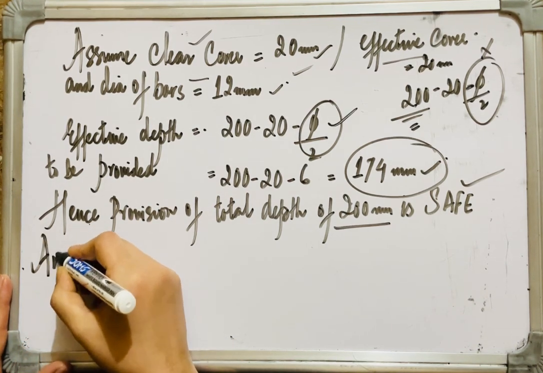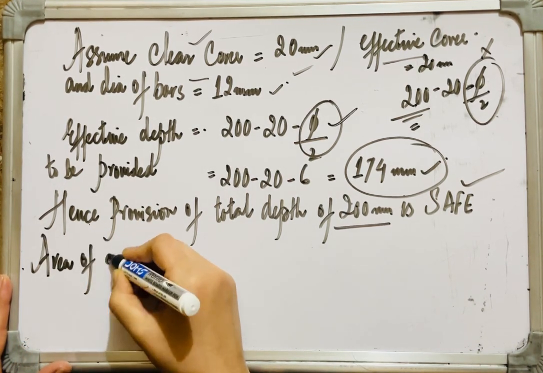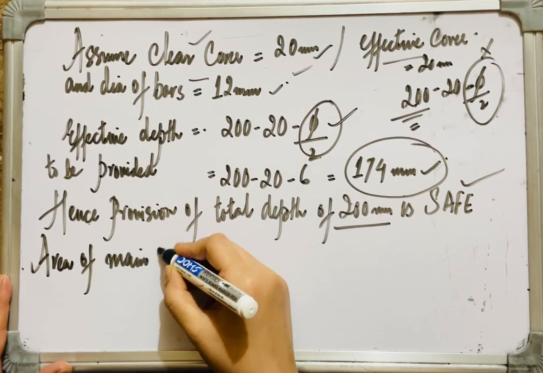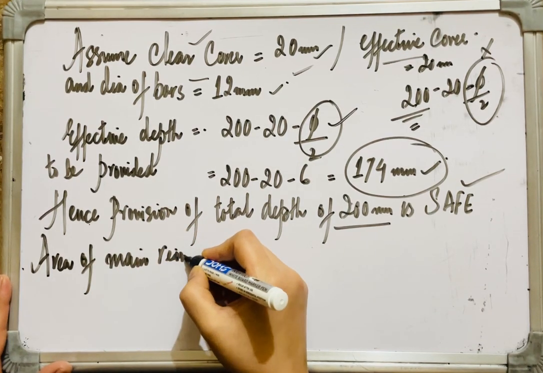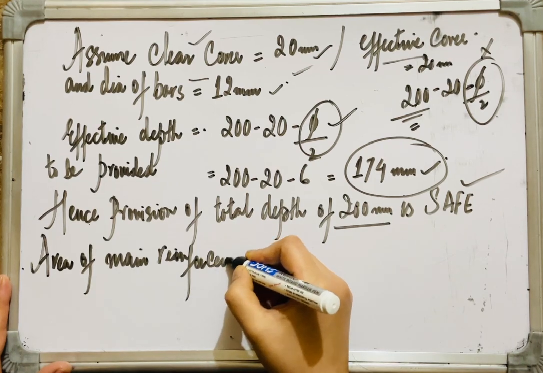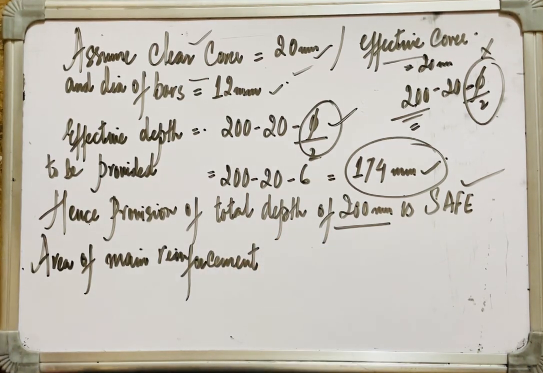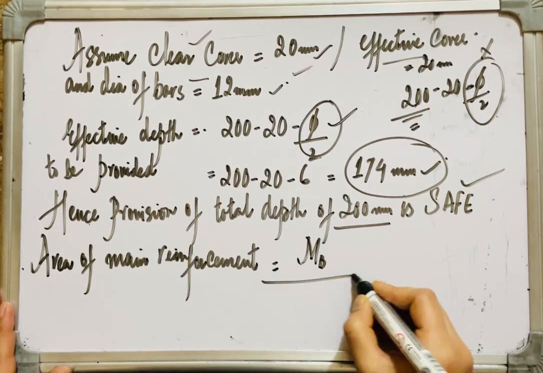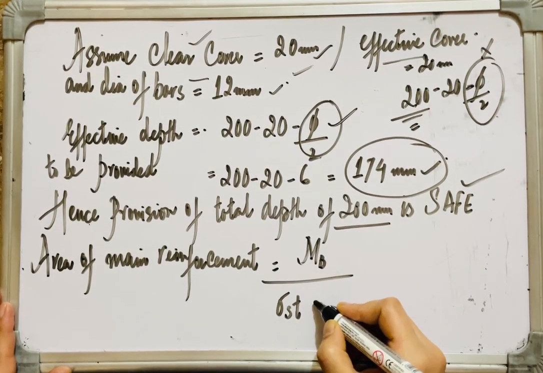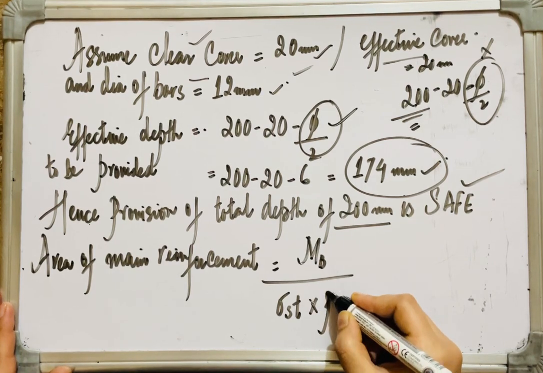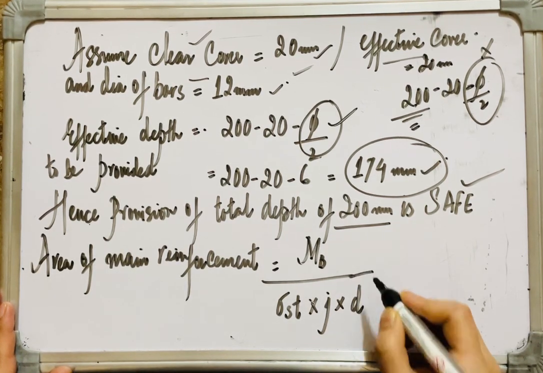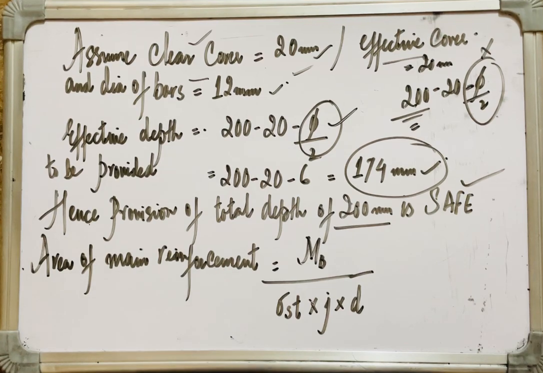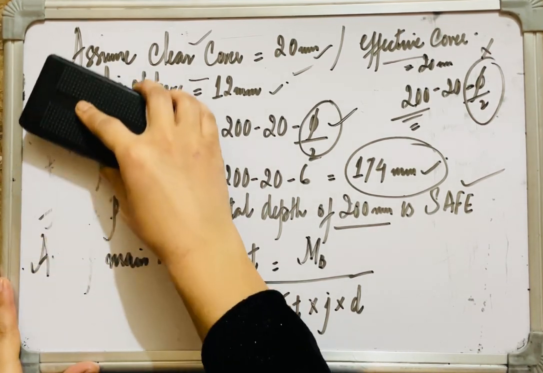After this, area of main reinforcement. Main reinforcement is along the shorter span. Area of main reinforcement is equal to MB divided by sigma ST multiplied by J, lever arm factor, multiplied by D. Alright, let me first rub this, then we'll proceed further.